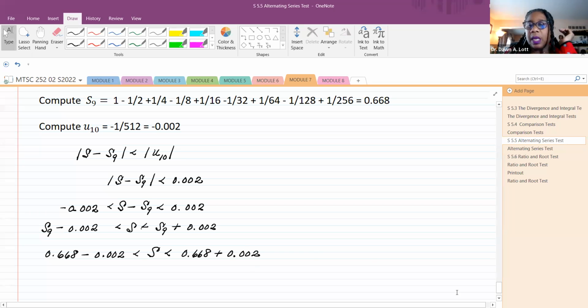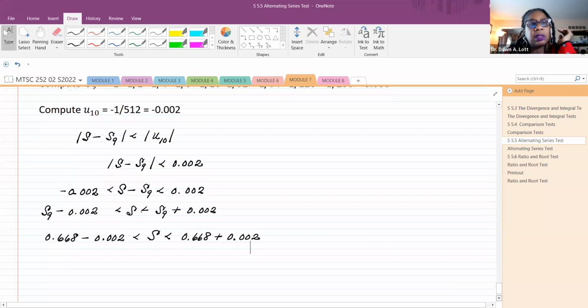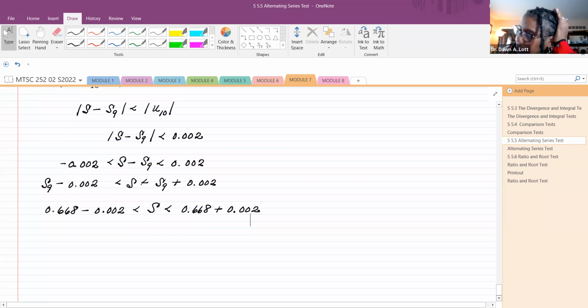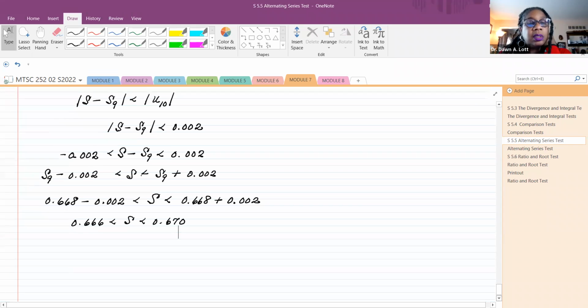And so now I have a bound or an estimate for the sum of the true series. So 0.666 is less than S is less than 0.670. So now I know the sum of the series is between 0.666 and 0.67. Wow, that's not a big range.